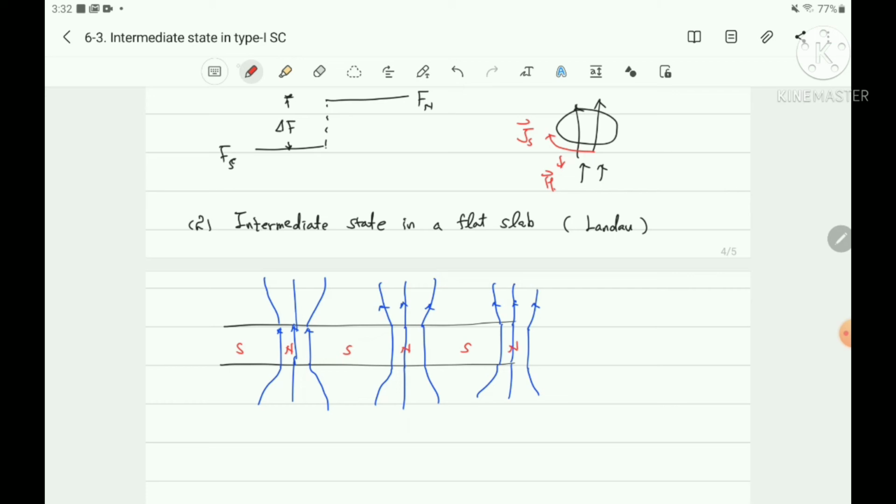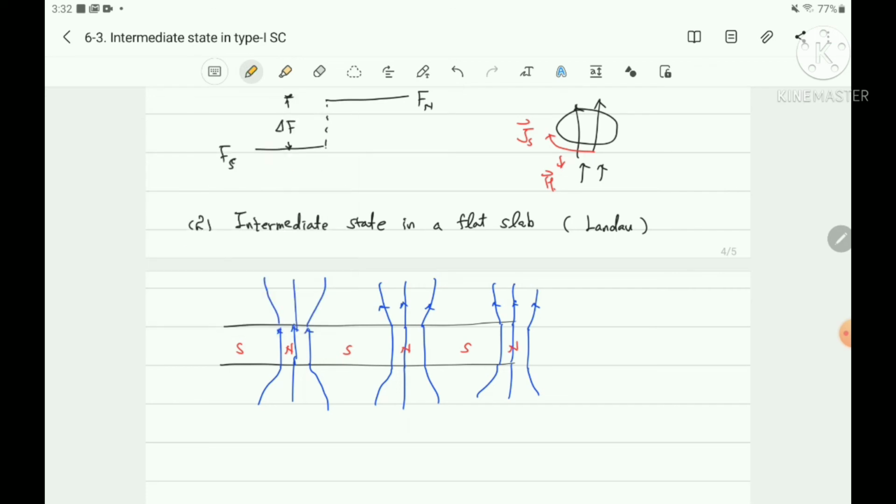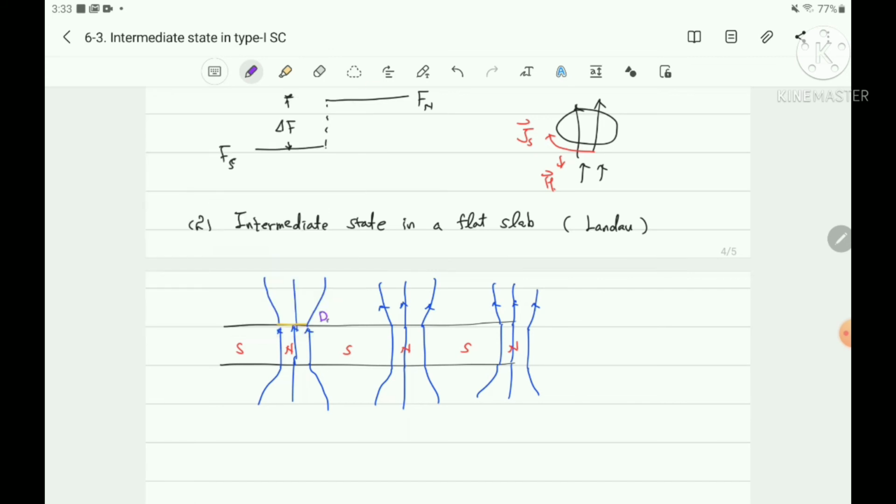And also here, let's write down that here this region is Dn, and this region Ds.